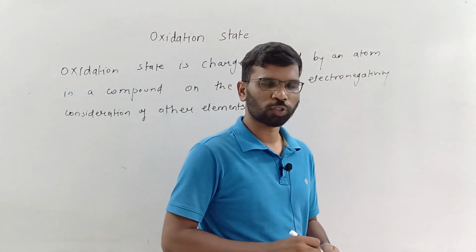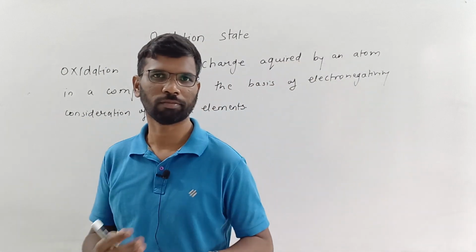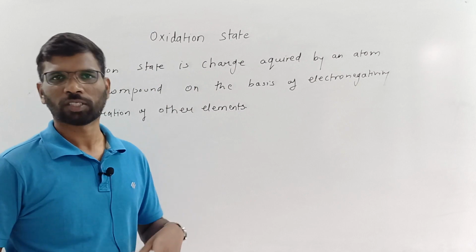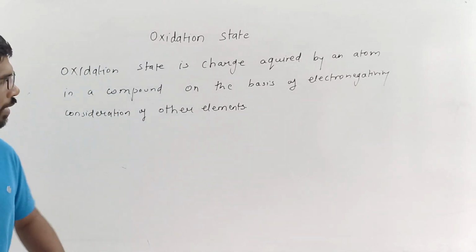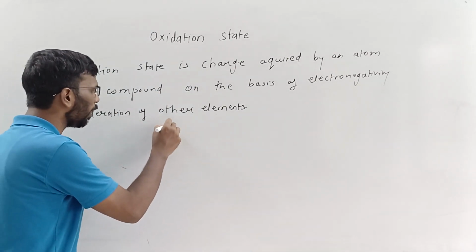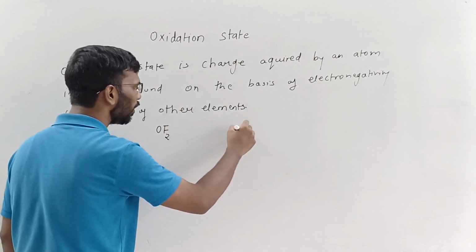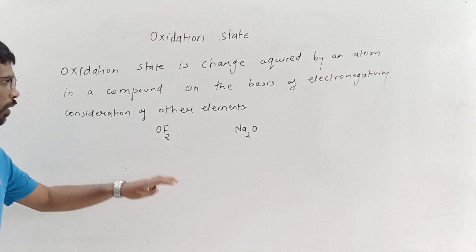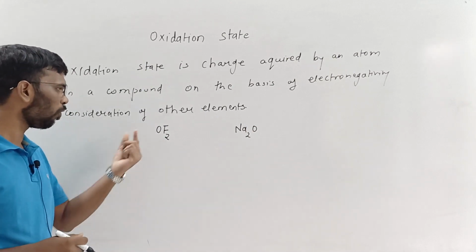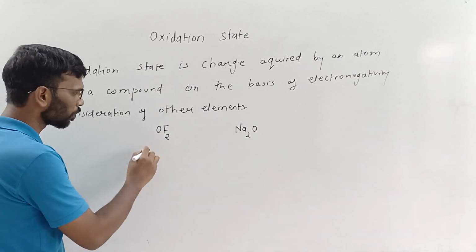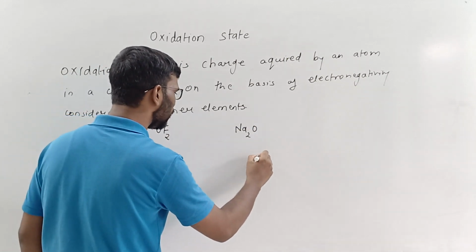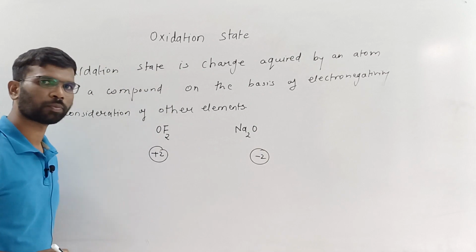Many students get confused between oxidation state and valency. Not always true. Sometimes oxidation state is equal to valency, sometimes it is not. For example, consider the compounds OF2 and Na2O. Over here, the oxidation state of oxygen is +2, and here the oxidation state of oxygen is -2.